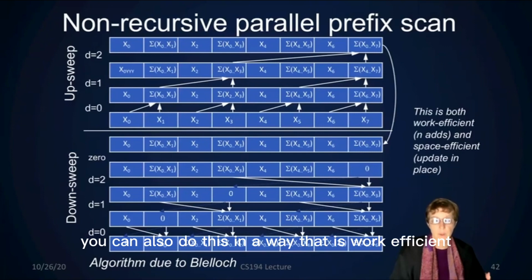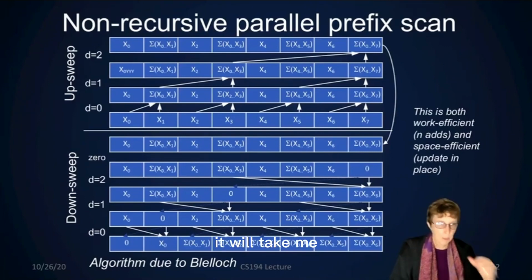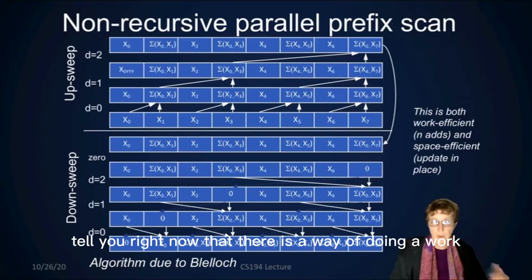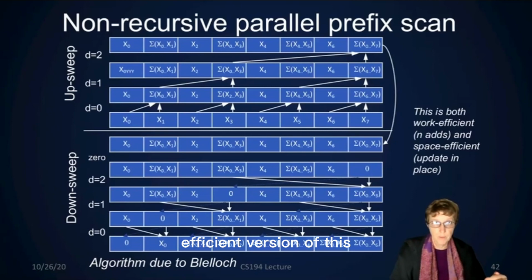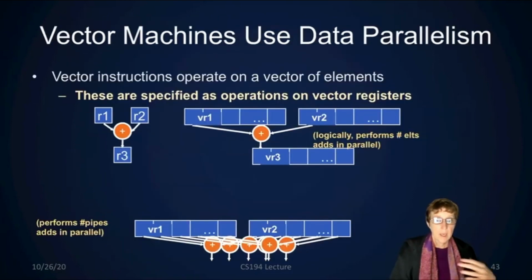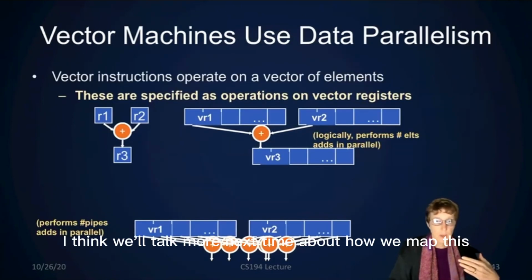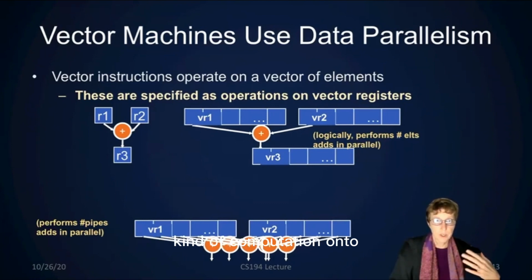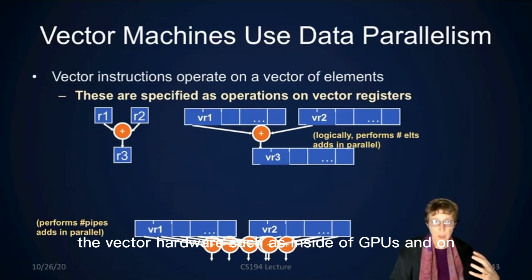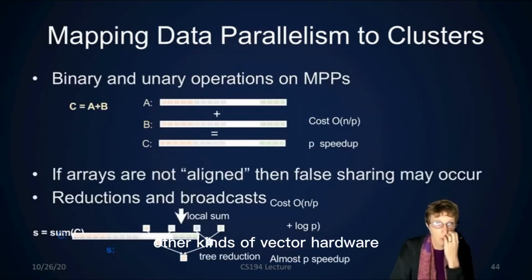And you can also do this in a way that is work efficient, but it will take me more than a couple of minutes to walk through this. So I will just tell you right now that there is a way of doing a work efficient version of this. I think we'll talk more next time about how we map this kind of computation onto the vector hardware, such as inside of GPUs and on other kinds of vector hardware.